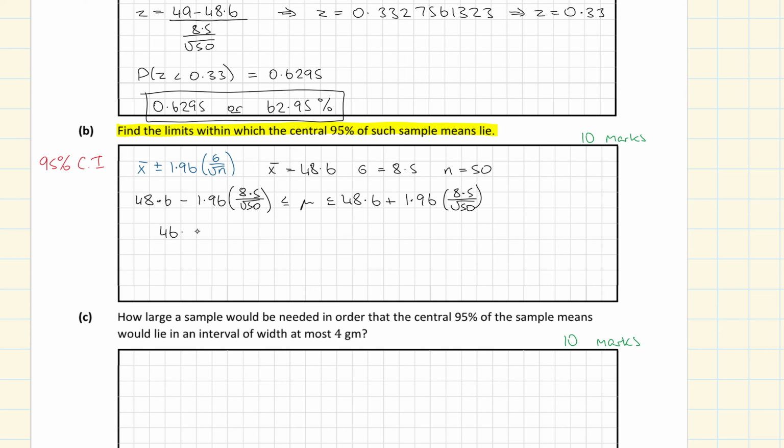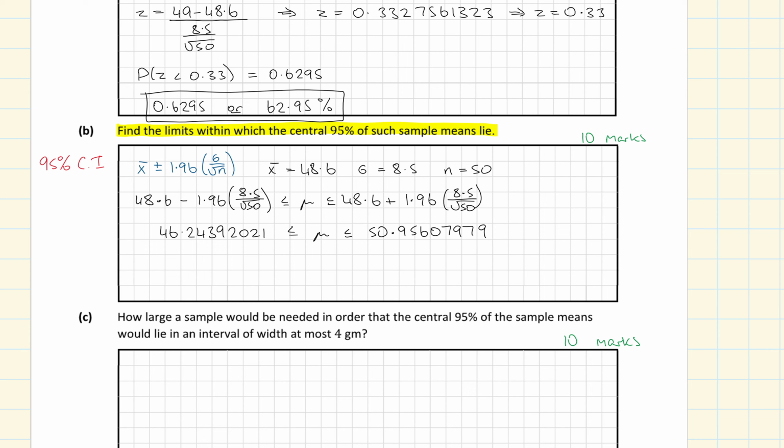So 46.24392021 less than or equal to your mean, and then back to your calculator, swap your minus for a plus, 50.95607979.